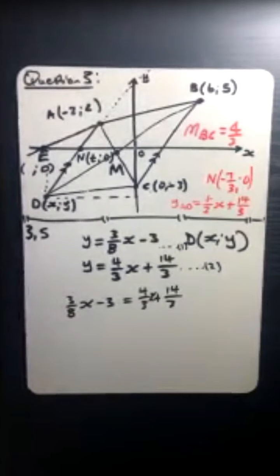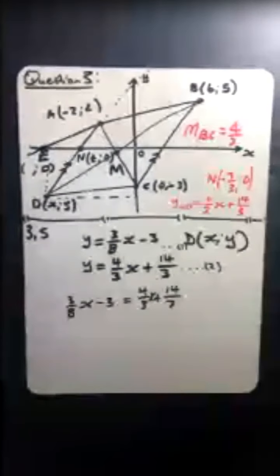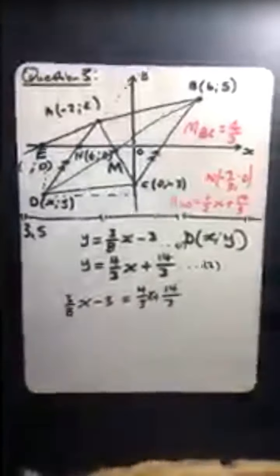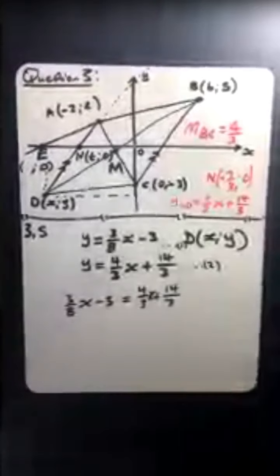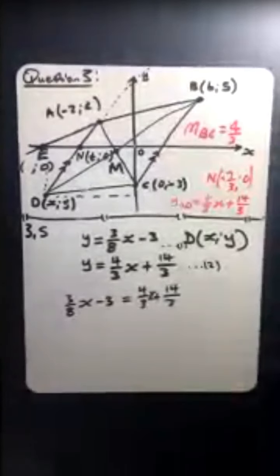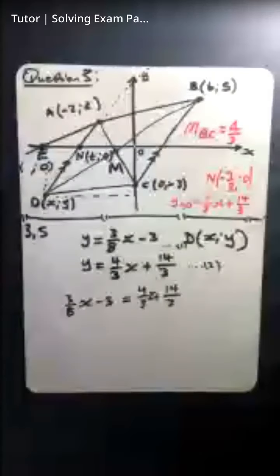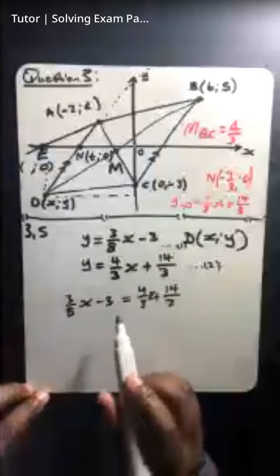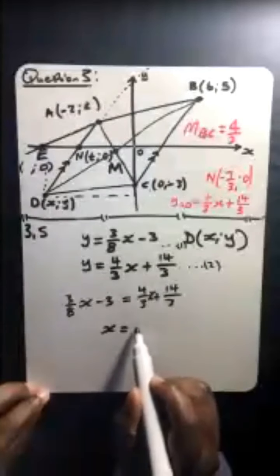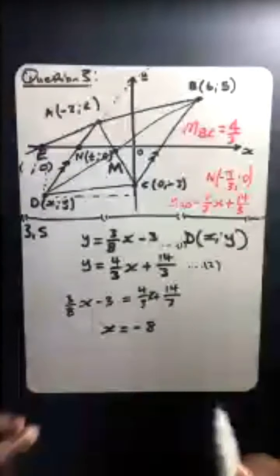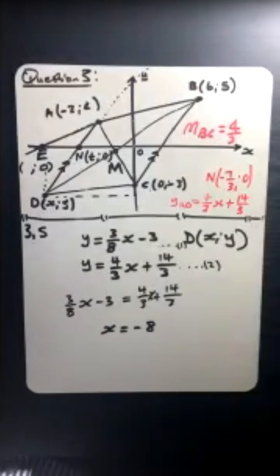Guys, it's time up. Anyone who's got an answer to my question in terms of what the x value is? I think the x value is -8. She says it's -8. Okay.